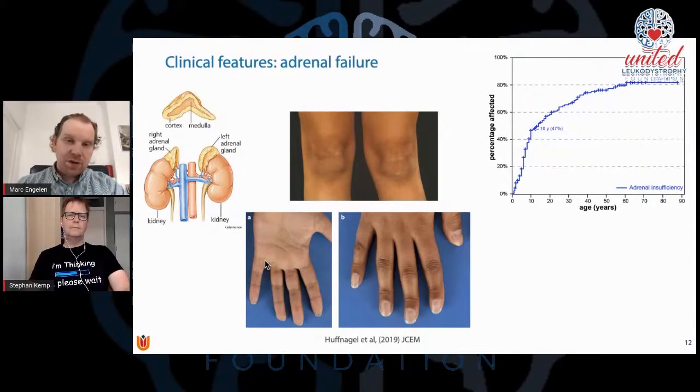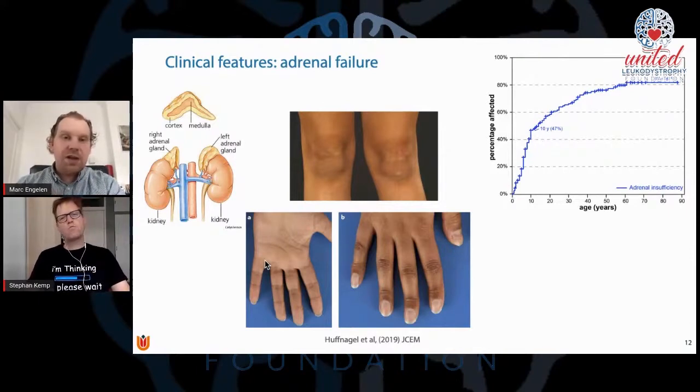This could be somebody who has been to the beach a lot, but if this happens in a country like the Netherlands in winter, then that is definitely a clue that there's something up. But this unfortunately is in a very late stage. And adrenal failure occurs in a lot of male patients. On the graph on your top right, you can see the incidence increasing with age.